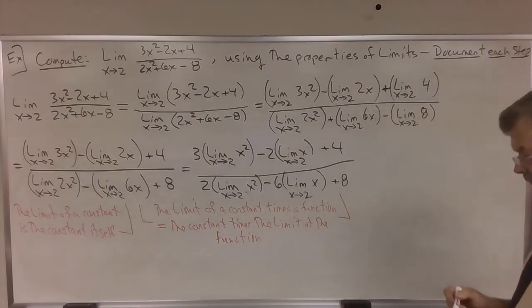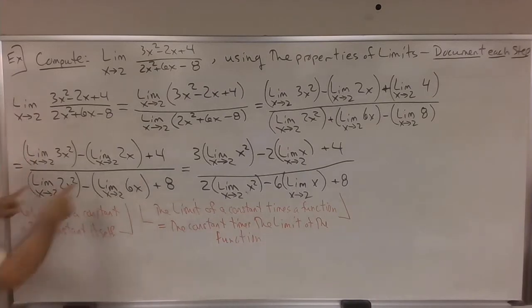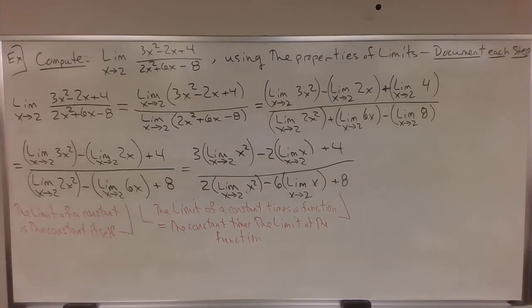In each case here and here, we had the limit of a constant times a function. We rewrote it as the constant times the limit of the function.